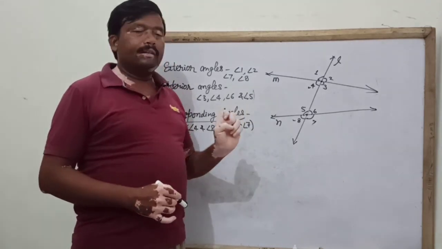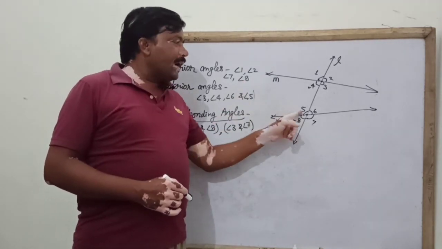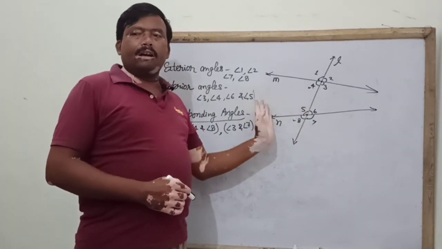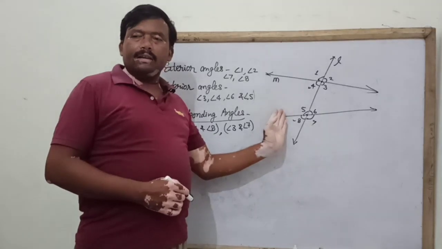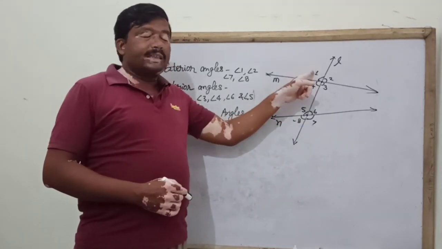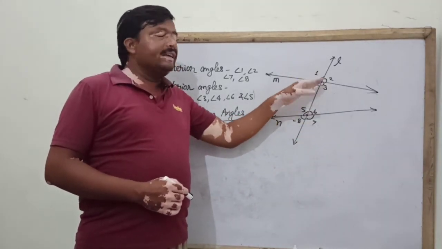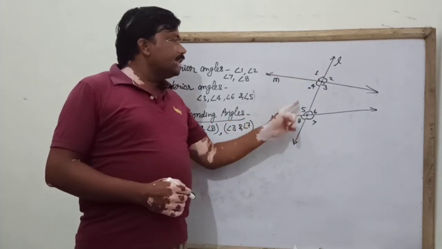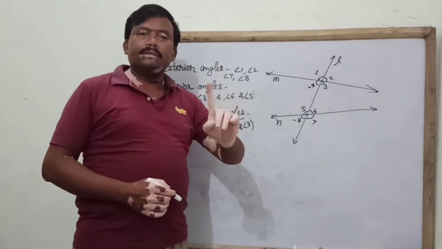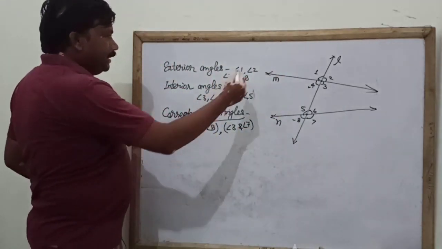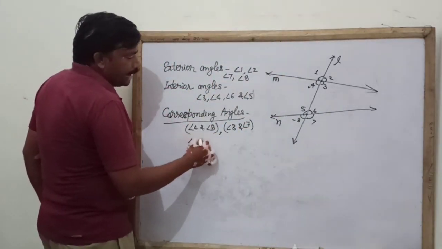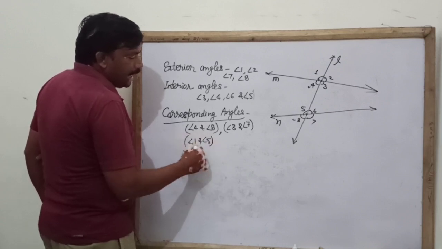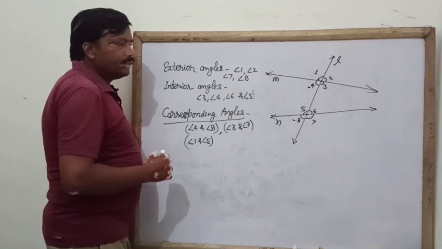If you see here, angle 5 is formed after intersection and at the left side of the transversal, and here angle 1 is also formed after intersection and on the left side of the transversal. So these are also based on the same phenomena. So angle 1 and angle 5 are also corresponding angles.